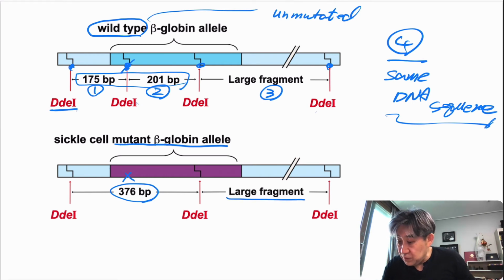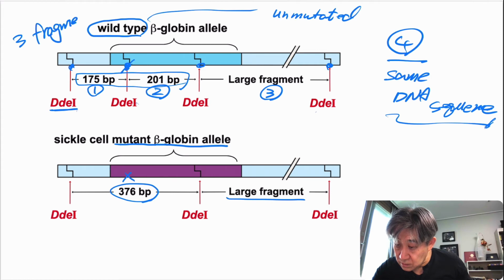So in this mutant individual, you have only 2 fragments instead of 3 fragments. So in wild type, 3 fragments, and in mutant, you have 2 fragments.